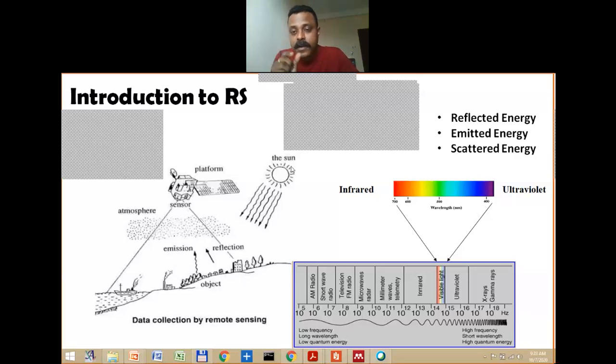Then if you further increase the wavelength towards the 600 plus or 700 nanometer range, the colors of red and reddish tints try to show up.